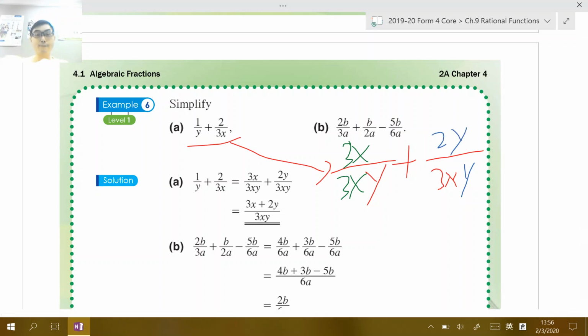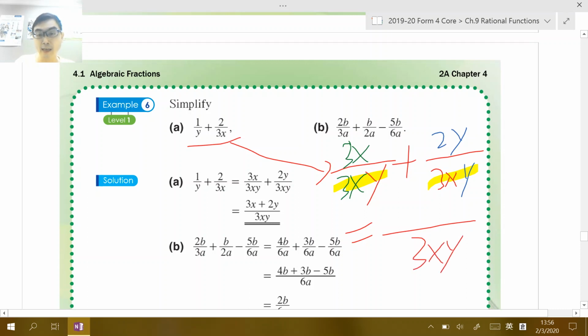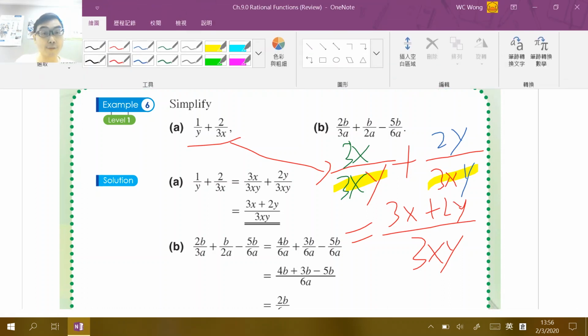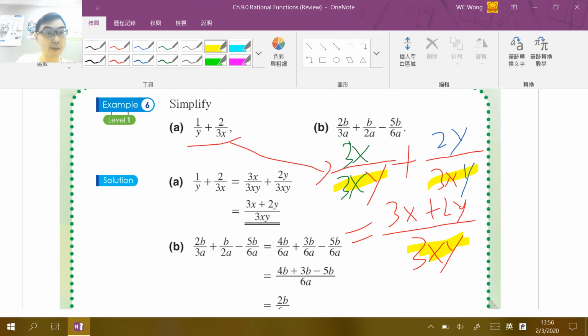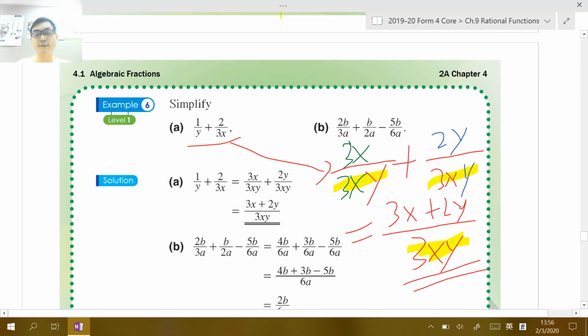So after you have made the same denominator, 3xy and 3xy, you can put the 3xy together and then put 3x plus 2y on top. Do remember that 3x and 2y are unlike terms, so you cannot do anything more. Just keep this as your final answer, and there is nothing else you need to do after adding together.